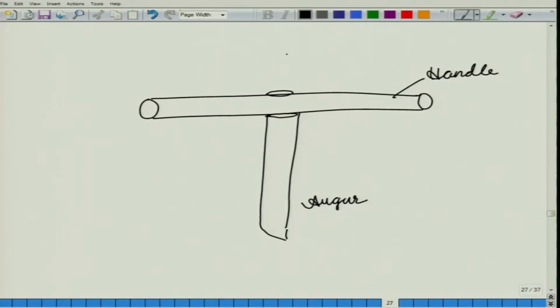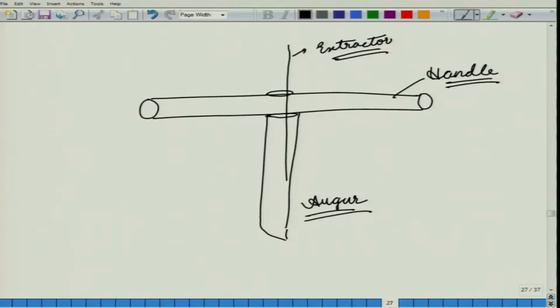And from this hole we can push inside the extractor. Now, the beauty of the instrument is that you can put the auger and the extractor both inside the handle and then carry it in your vest.